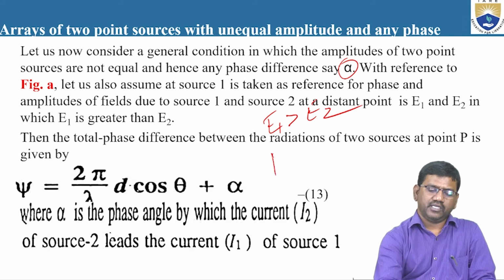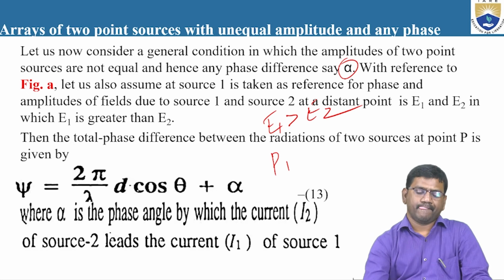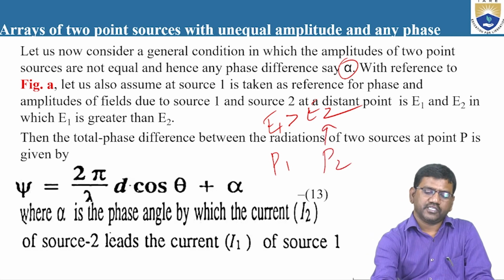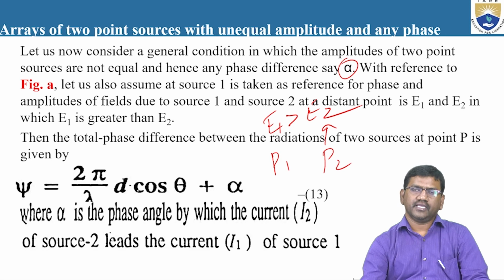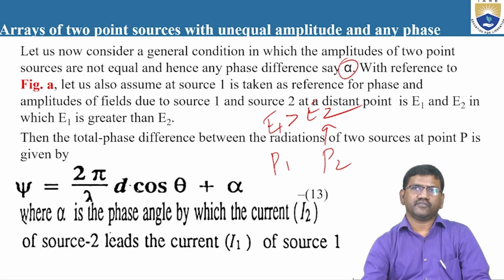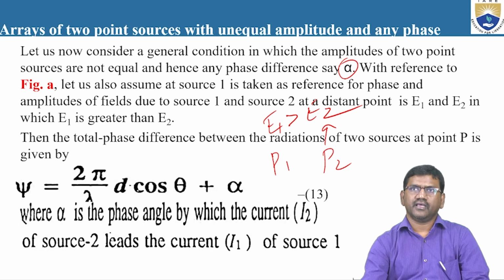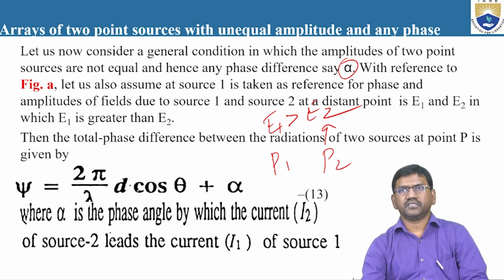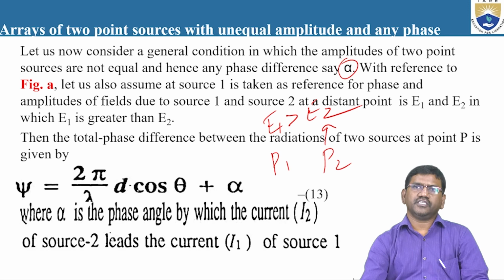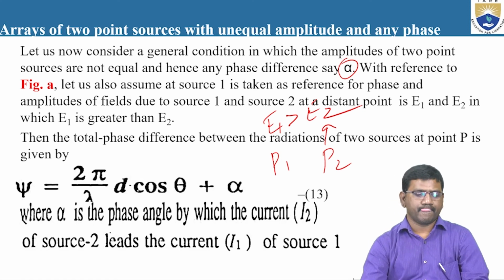That means point source P1 is producing an electric field strength of E1, and point source P2 is producing E2, in such a way that point source 1 produces a larger amount of radiation than P2. This is our assumption in this case. As E1 is greater than E2, there will be some phase difference between these two electromagnetic field distributions, which we call alpha.